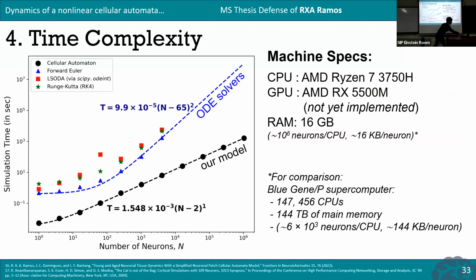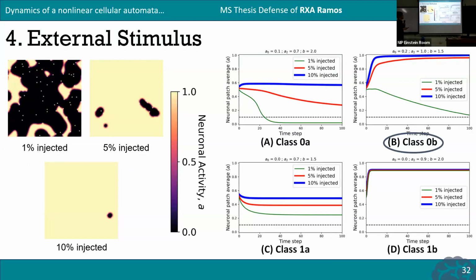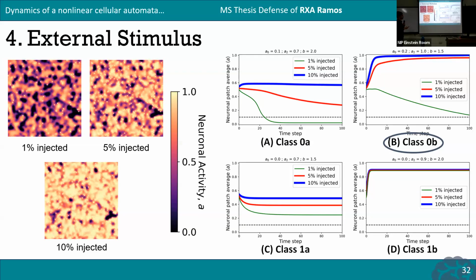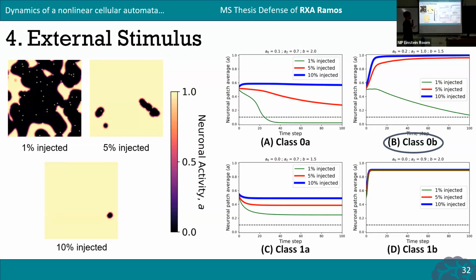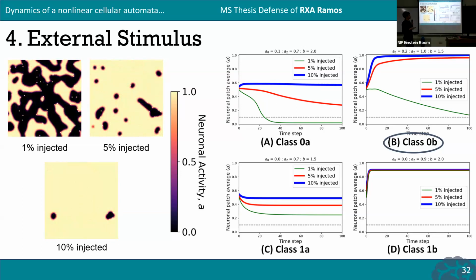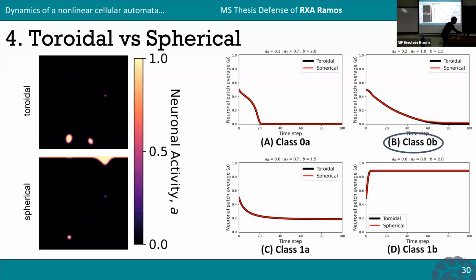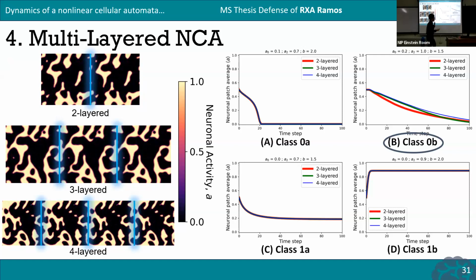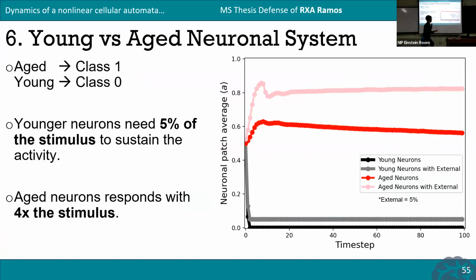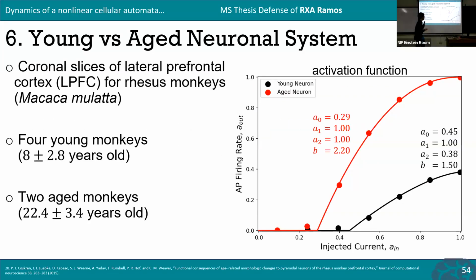On the other hand, in here, we also started with a uniform random distribution, right? And for these specific parameters, the activation function is much closer to the diagonal. So this specific parameter is 0.1, 0.7, and a nonlinearity of 2.